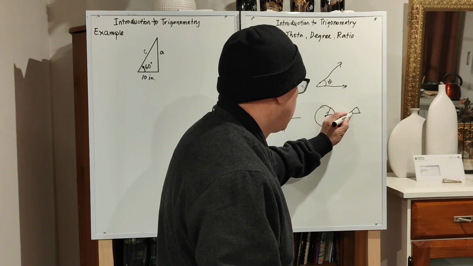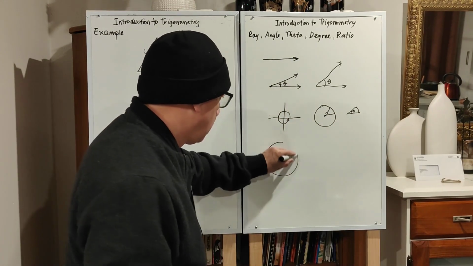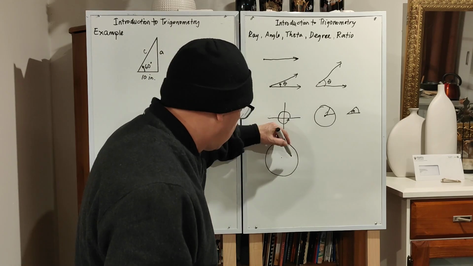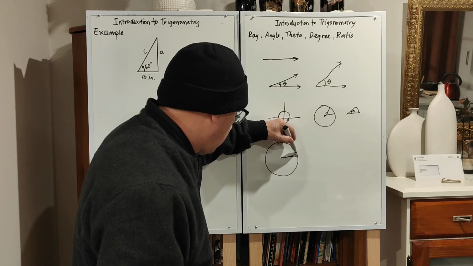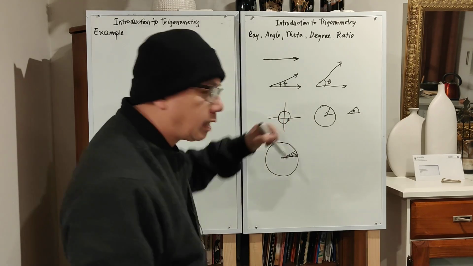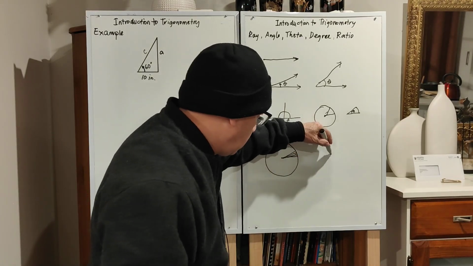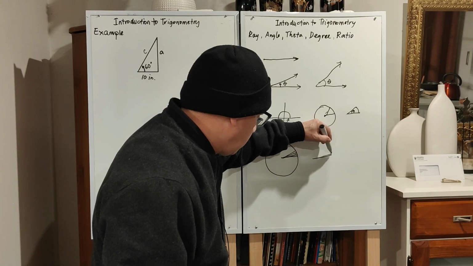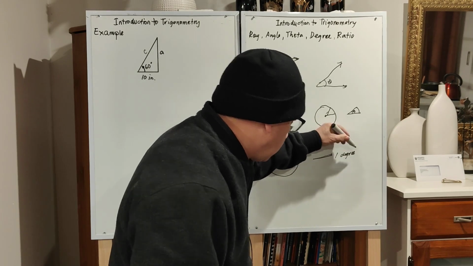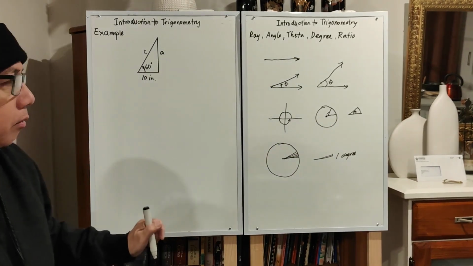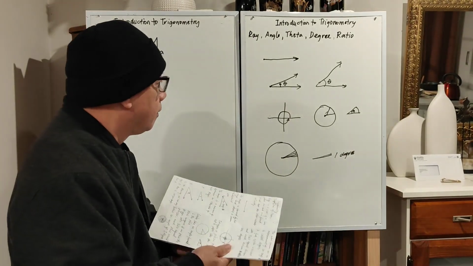So it will have an angle. Now imagine the pizza divided into 360 equally small sizes. So one slice of that pizza will be 1 degree. So that's how close 1 degree is.